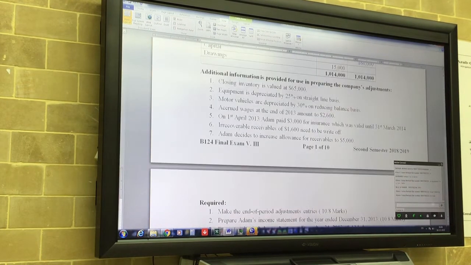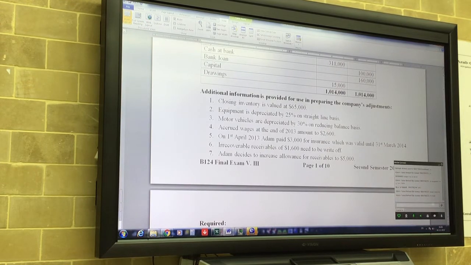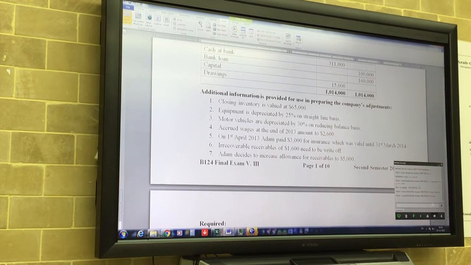Number 5: from 1st April 2013, he paid 3,000 for insurance. So from April to end of December, how many months? If we count April, it becomes 9.